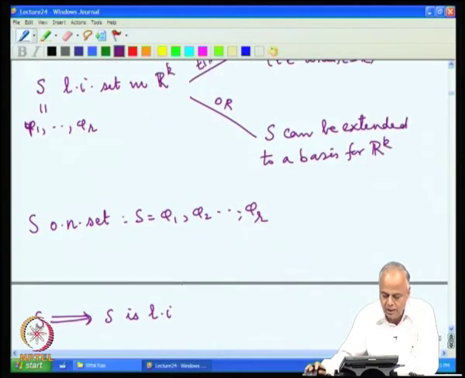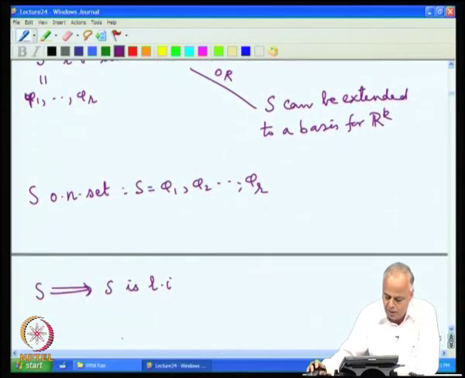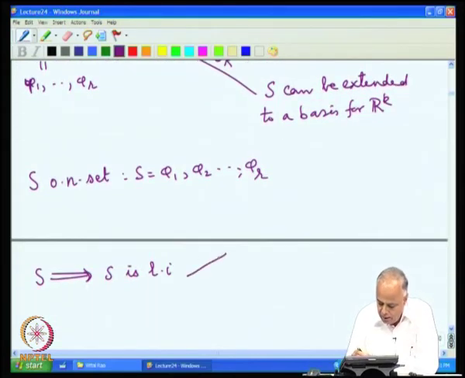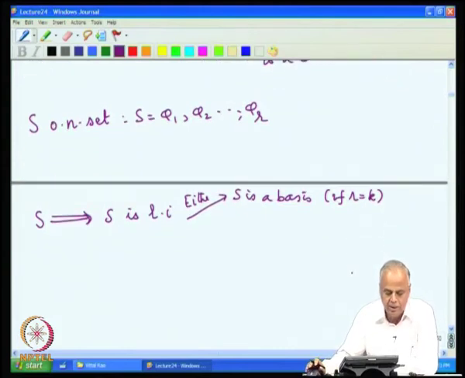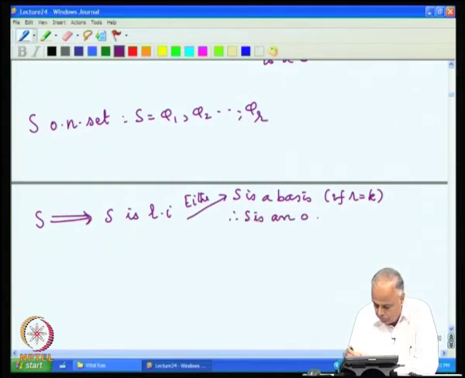Now, if S is linearly independent, as we observed before, either S is a basis, that is if r equals k, but if it is a basis and since it is already an orthonormal set, therefore, S is an orthonormal basis.